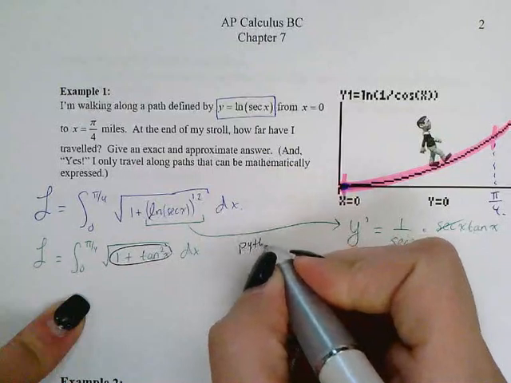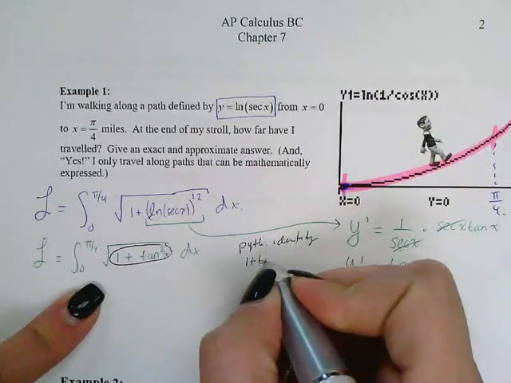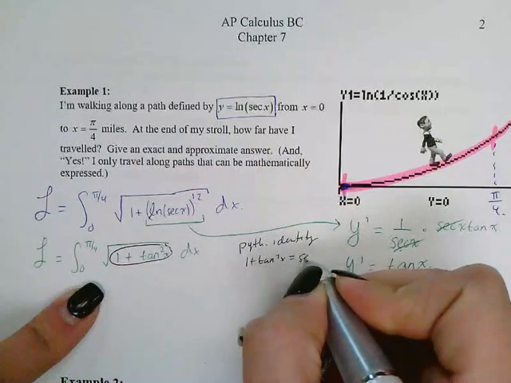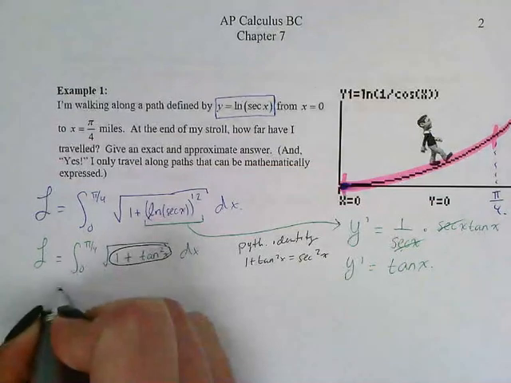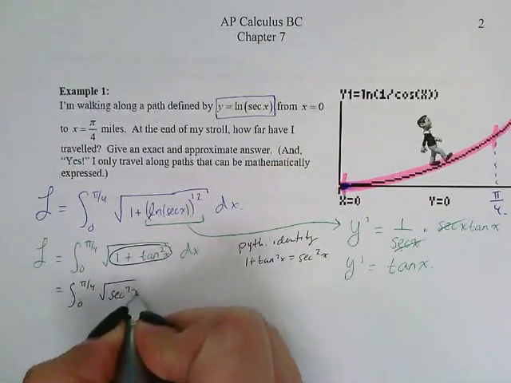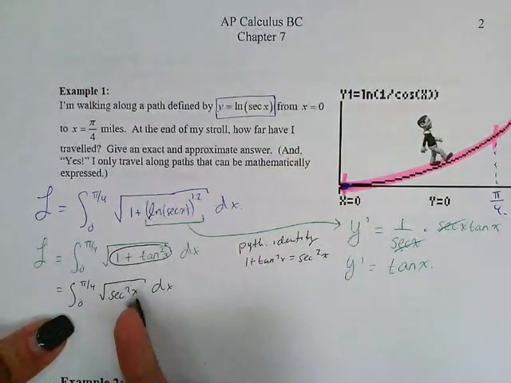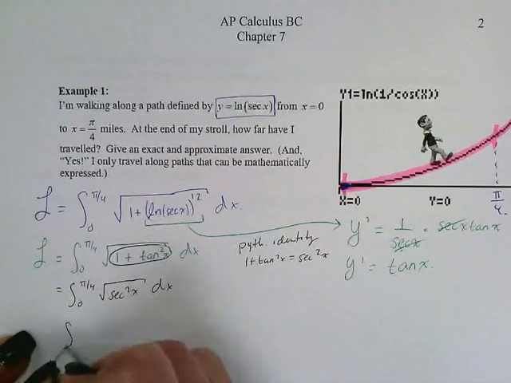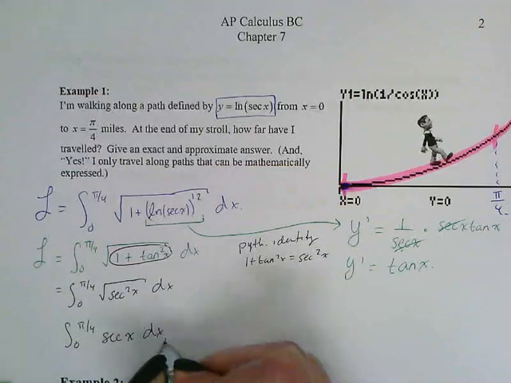The Pythagorean identity. 1 plus tan squared x equals secant squared x. So I can simplify it by saying from 0 to pi over 4 of the square root of secant squared of x. And of course, when you take the square root of anything squared, then it's just 0 to pi over 4 of secant of x.